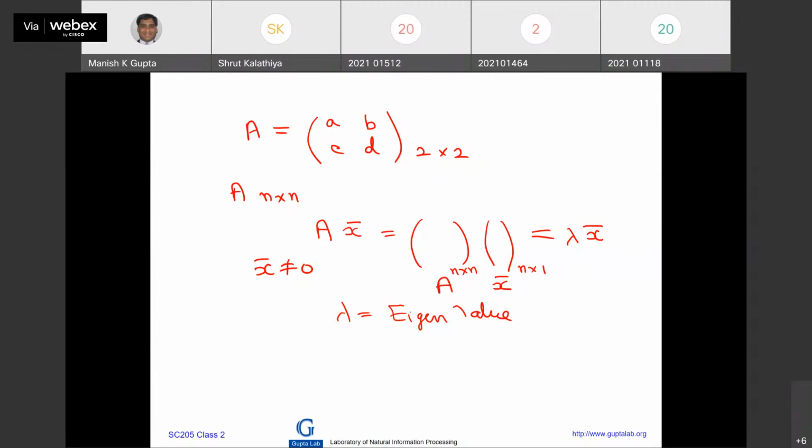The eigenvalues are very, very important for matrices because they represent some sort of systems, when systems are represented by transformations or something. You will look at those things probably in your signals and systems course in future. You will see those things in more detail. Okay, so let me give you an example.